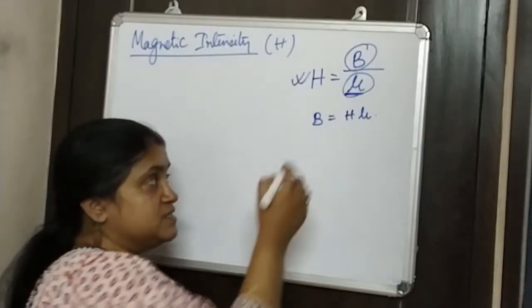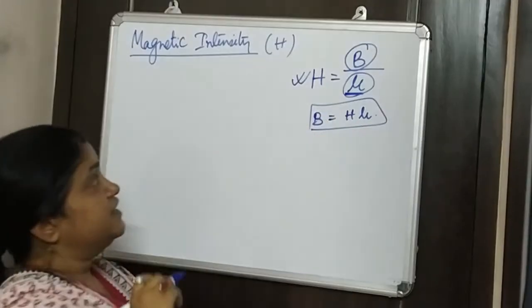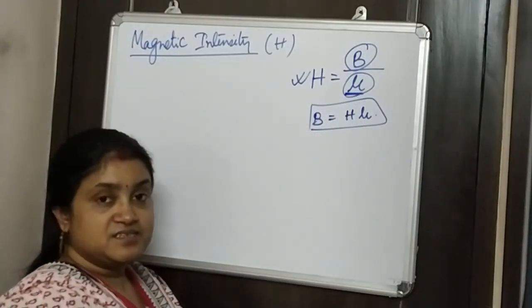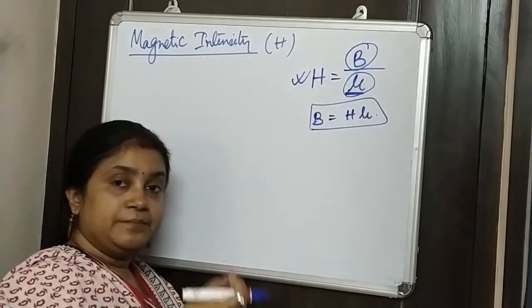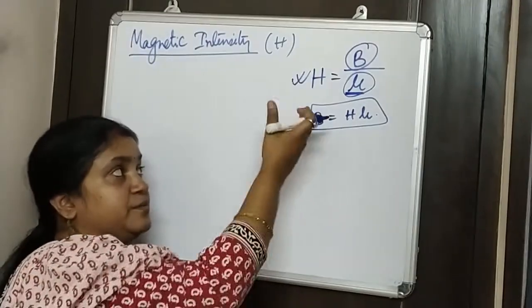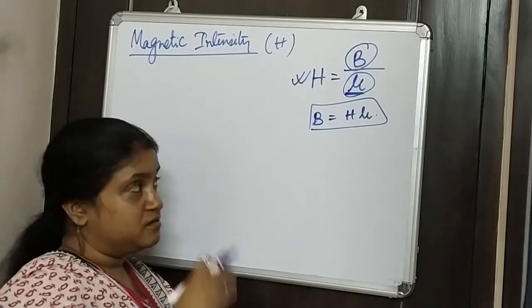This tells us how much a magnetic field would be able to magnetize a particular magnetic substance.